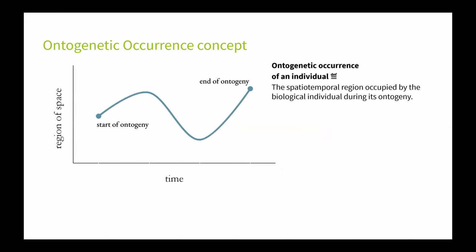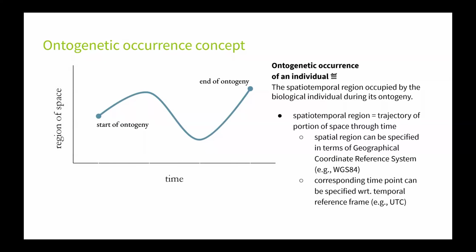Based on this view, the ontogenetic occurrence of a biological individual can be defined as the spatiotemporal region occupied by the biological individual during its ontogeny. Spatiotemporal region is to be understood as the trajectory of a three-dimensional spatial region as it changes through time.